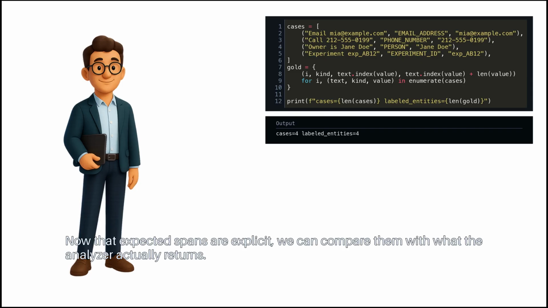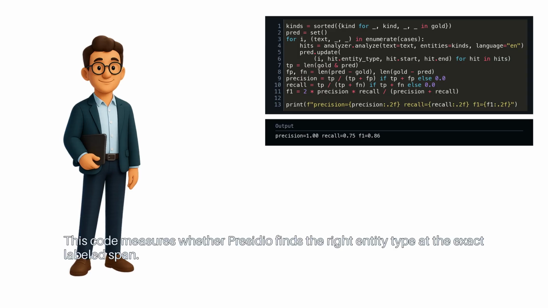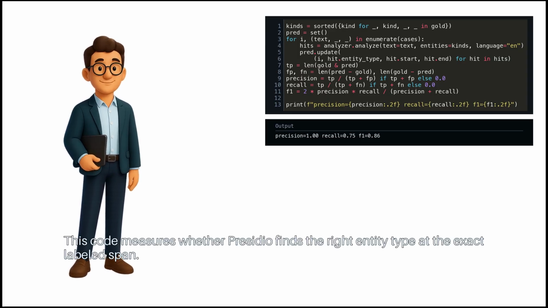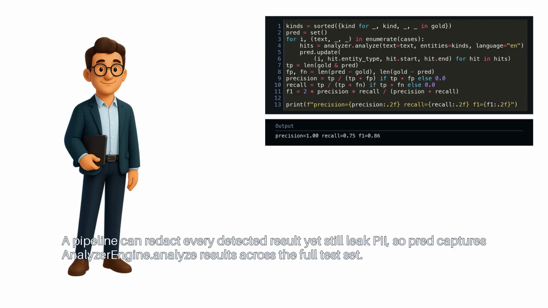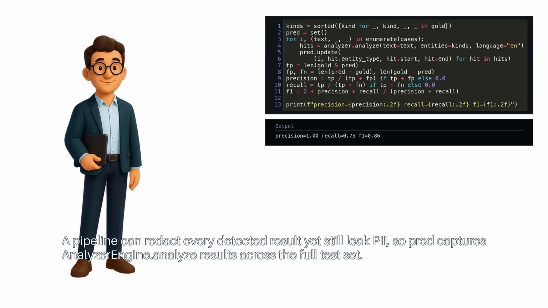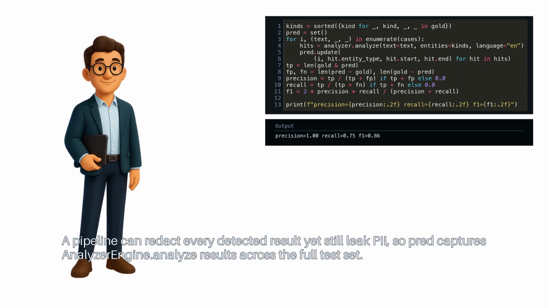Now that expected spans are explicit, we can compare them with what the analyzer actually returns. This code measures whether Presidio finds the right entity type at the exact labeled span. A pipeline can redact every detected result, yet still leak PII, so pred captures AnalyzerEngine.analyze results across the full test set.